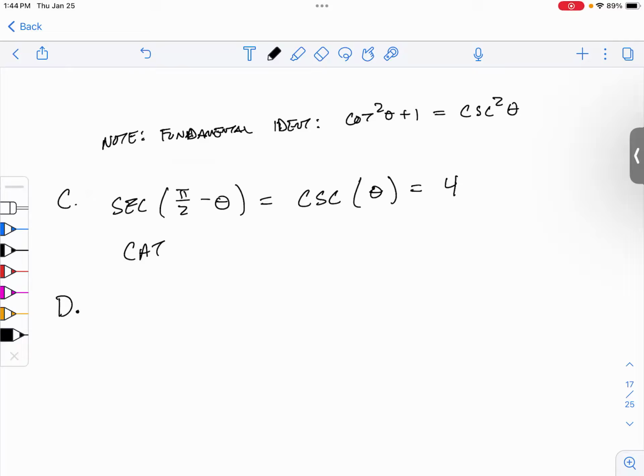And be aware that when people see this pi over 2 minus theta, they try and make this much harder than it is. Keep going back to the definition of what the complementary angle theorem actually says, because it just says 90 degrees off of it. And to actually prove that, right, the two angles, pi minus 2 theta plus theta, when I add these two together, what do I get?